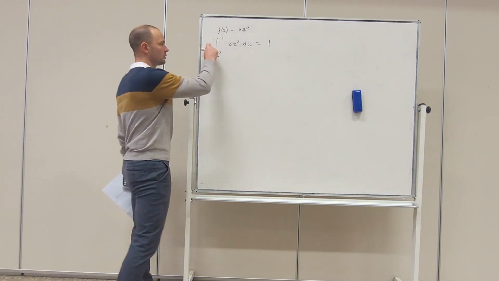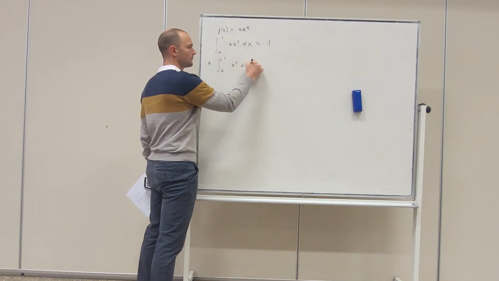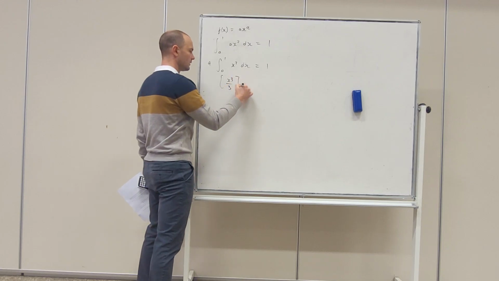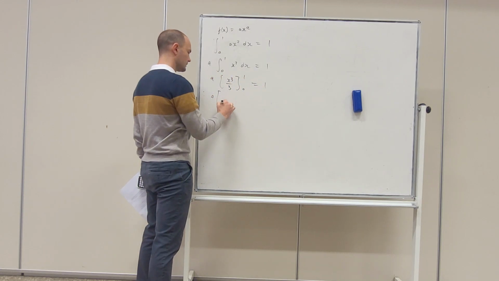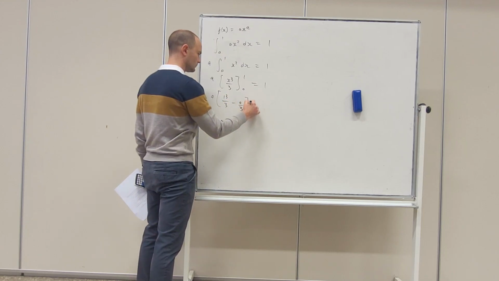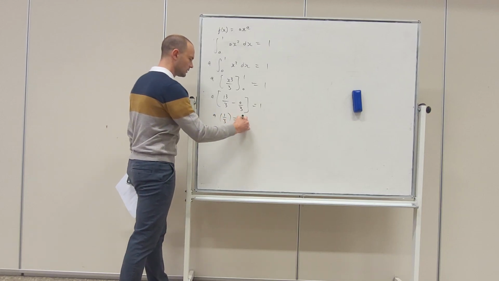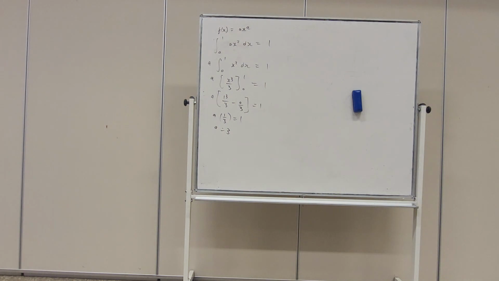So straight away I'm going to pull a out the front, and so we're performing this. Integral of x squared is x to the 3 on 3. Sub in our upper and lower boundaries. And so we have a times a third equals 1, and so we have a is 3.